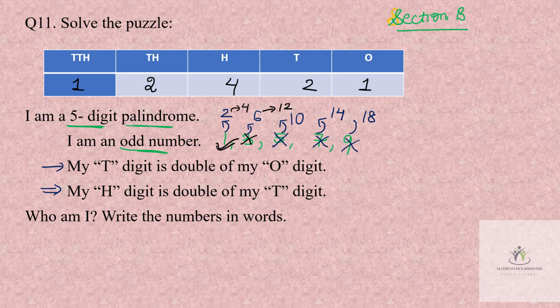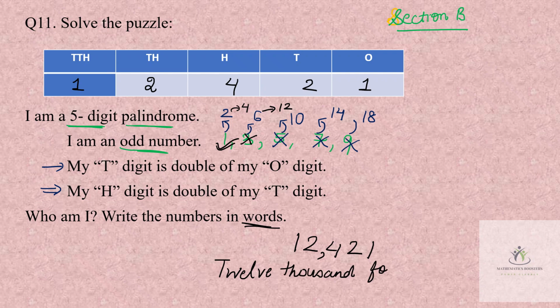What is my number? 1, 2, 4, 2, 1. We need to write it in words. 12,421.